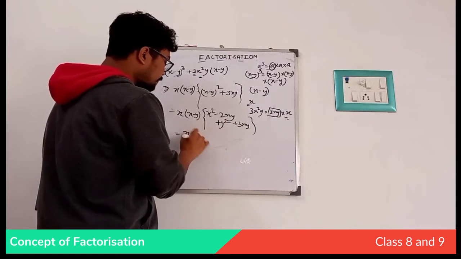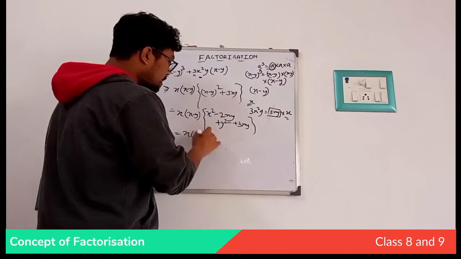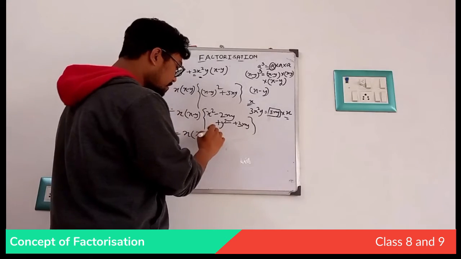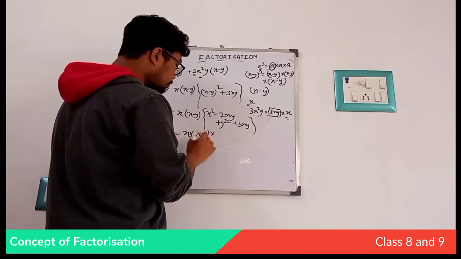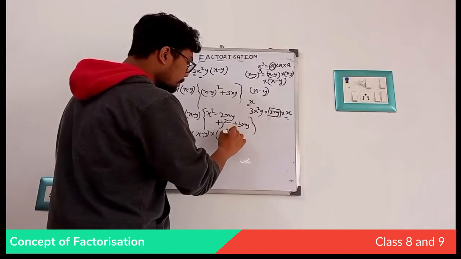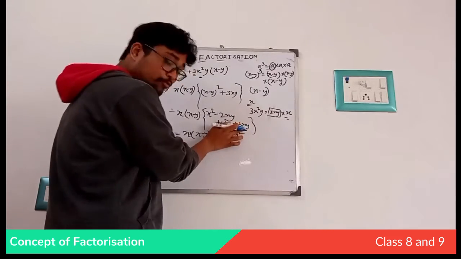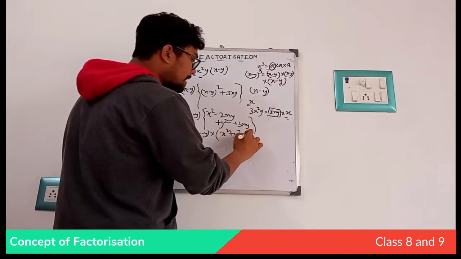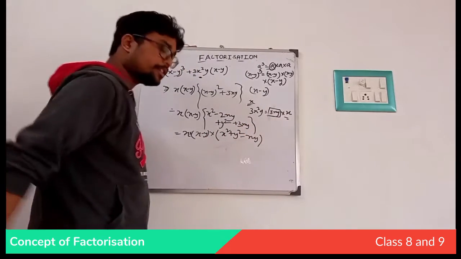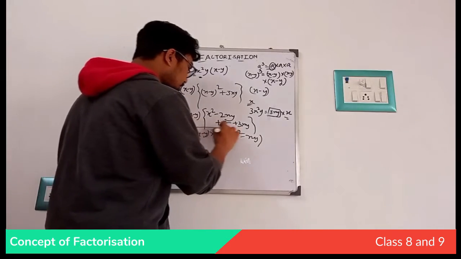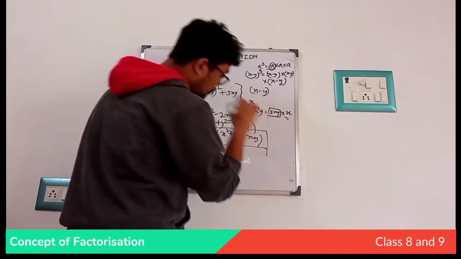So our desired factors are x into (x minus y) into (x square plus y square plus 3xy minus 2xy), which equals x square plus y square plus xy. Got it? This is our final result. This is a good question.